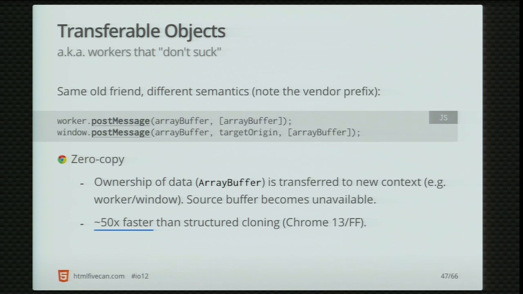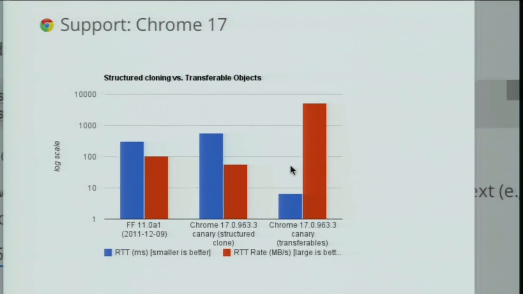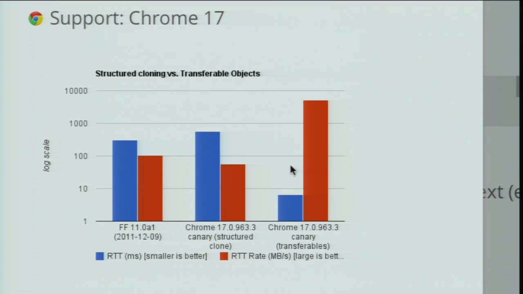If you're familiar with C++ or C, think of it as a pass by reference rather than a pass by value. The ownership of this data is actually transferred from your main app to the worker or window context that you're posting to. This becomes really, really efficient, and up to 50 times faster. I measured this in Chrome 17. That's long gone now, but it could even be faster.